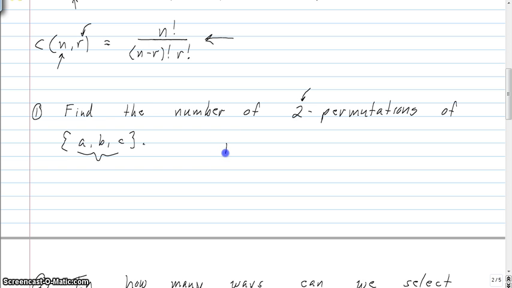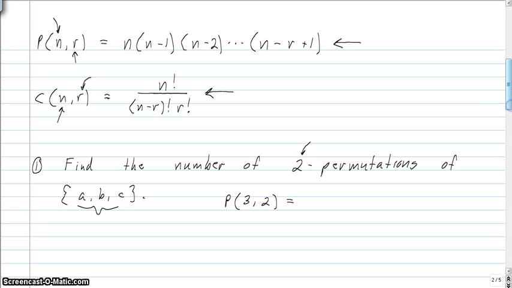So we're going to take the permutations of 3 objects taken 2 at a time, and I'm going to go back and look at my formula. n here is 3, so I start with 3, then multiply by 3 minus 1, which is 2, until you get down to whatever this ends up being.